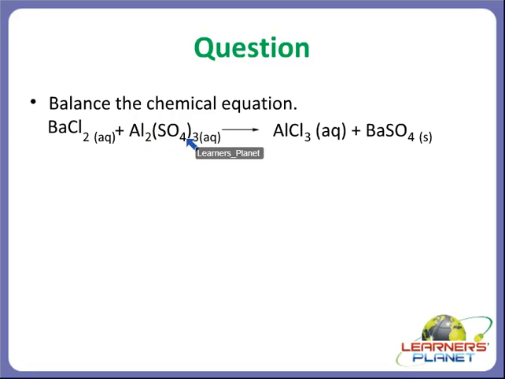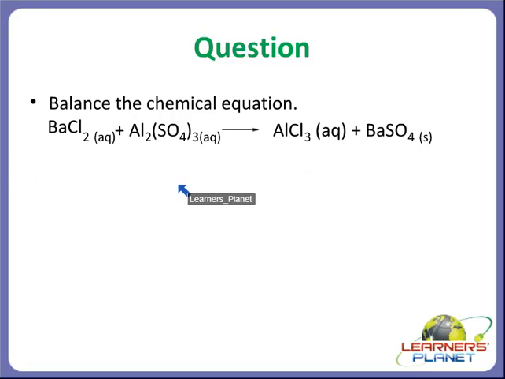This is what, children? Aluminium sulfate. Al stands for aluminium, SO4 2- stands for sulfate. AlCl3, that is aluminium chloride. Okay, and BaSO4, what is it, students? It is barium sulfate, right?